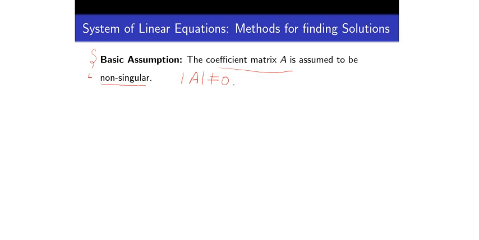So at the first stage we have made it clear that we assume the coefficient matrix A is non-singular, so that it is guaranteed that the system has a unique solution. This is our basic assumption to start with. If it changes somewhere, we will mention it; otherwise we go with this assumption further.